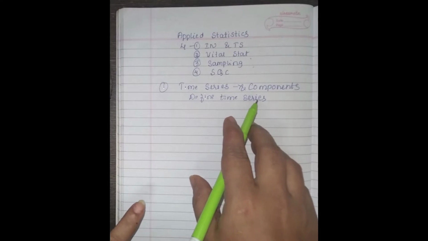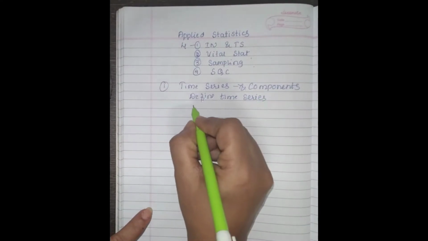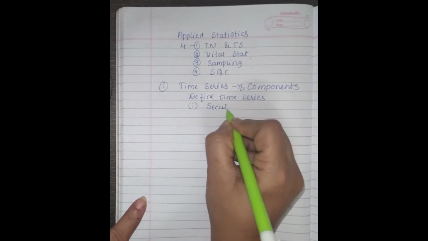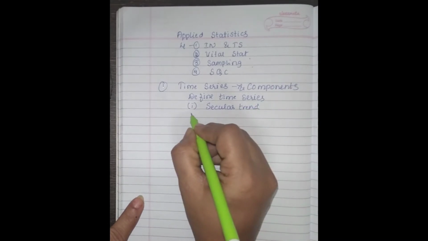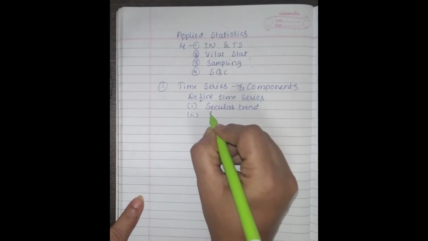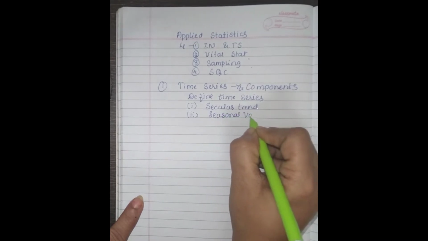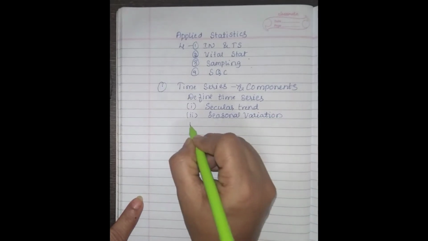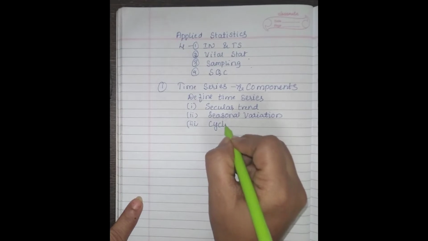The first one is the secular trend, which I will give you briefly here. The second one is the seasonal variation. The third one is the cyclical variation.